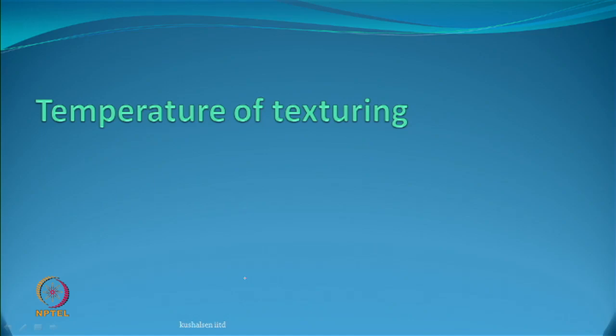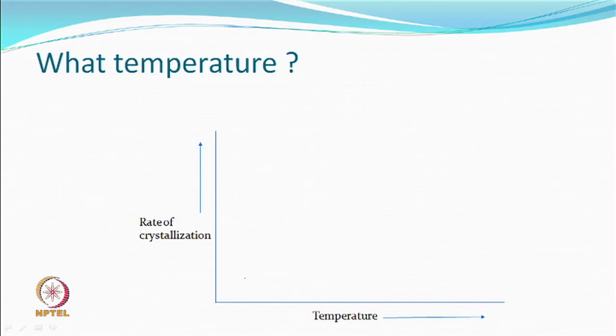So, we talk about temperature of texturing. At what temperature should we be working? This is very clear: if you have polypropylene, the chemistry is different against, for example, polyester, the nylons, and therefore, the temperature optimization would definitely depend on what material you are going to texturize.